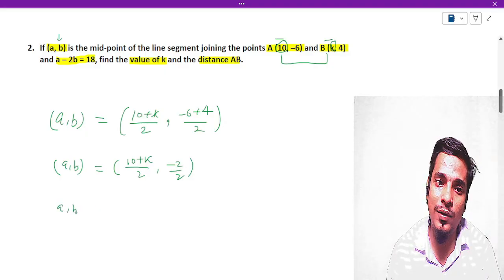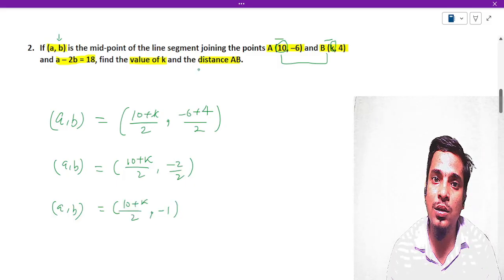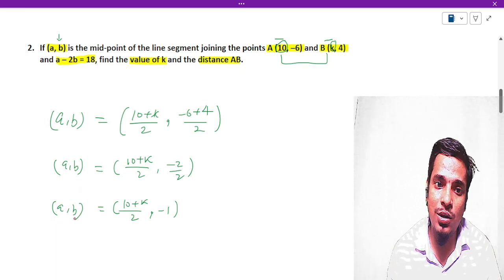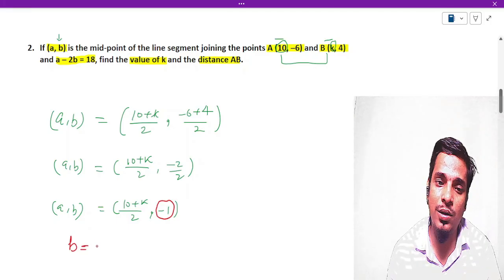So upon solving this, we'll get (10 + k) by 2 comma -1. Now the two coordinates are equal, which means x coordinate is equal to x coordinate, y coordinate is equal to y coordinate. With this we get b as the y coordinate over here, and over here we have the value -1, right? So b is equal to -1.